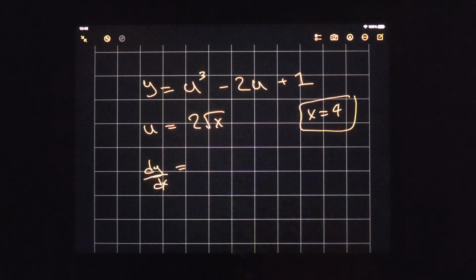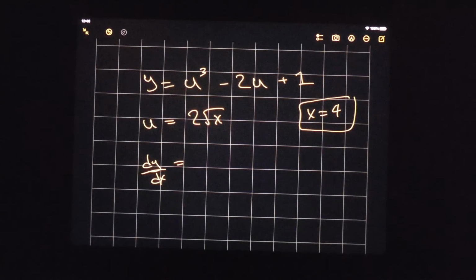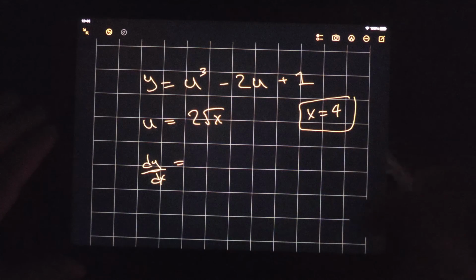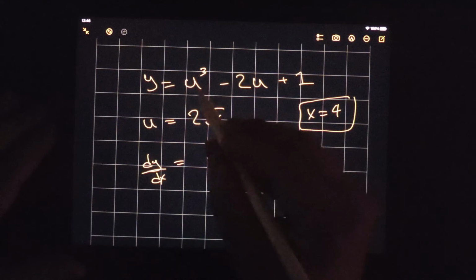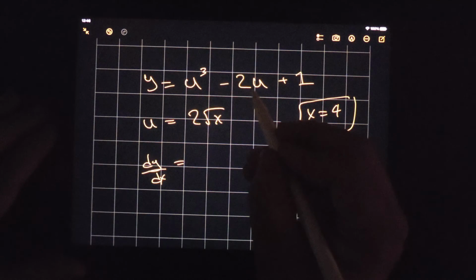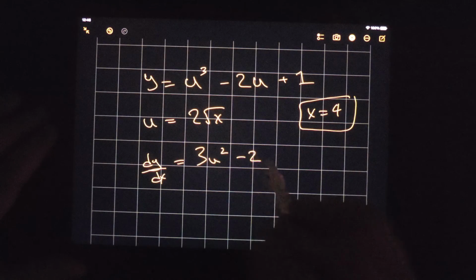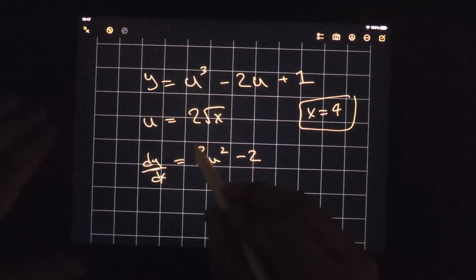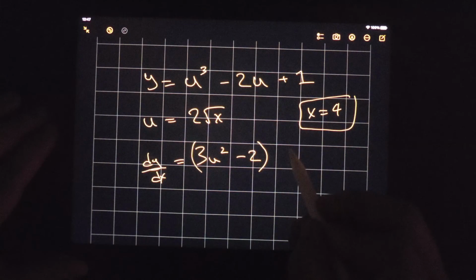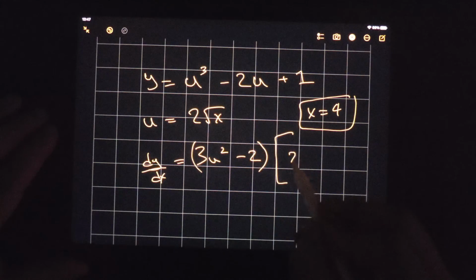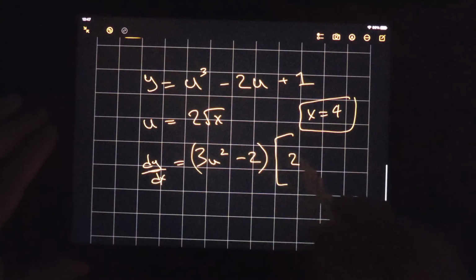So our outer function derivative is going to be 3u squared minus 2. And then our inner function derivative will be, let me just put this in bigger, 2 times, and then we have the square root.